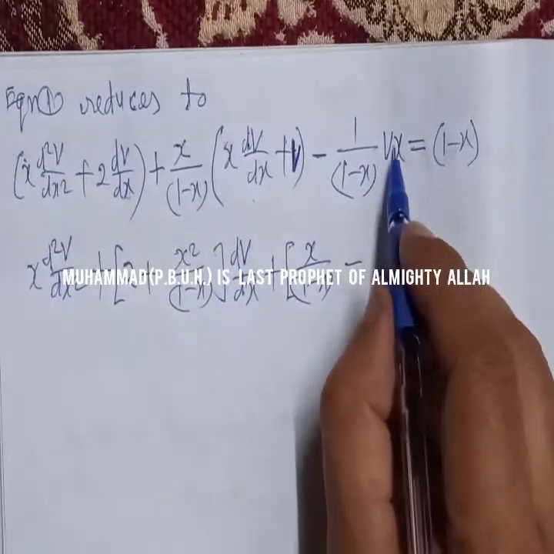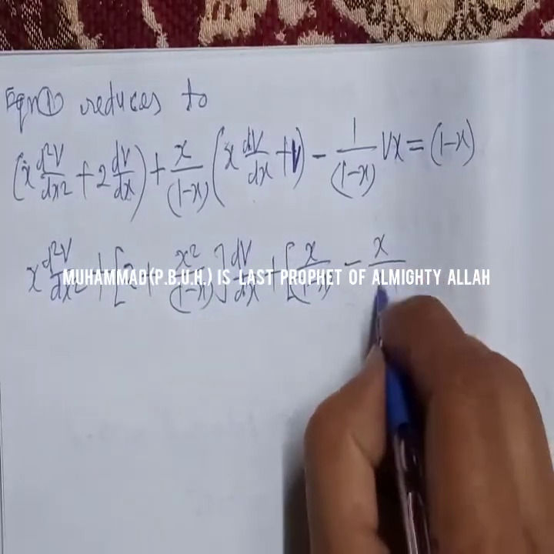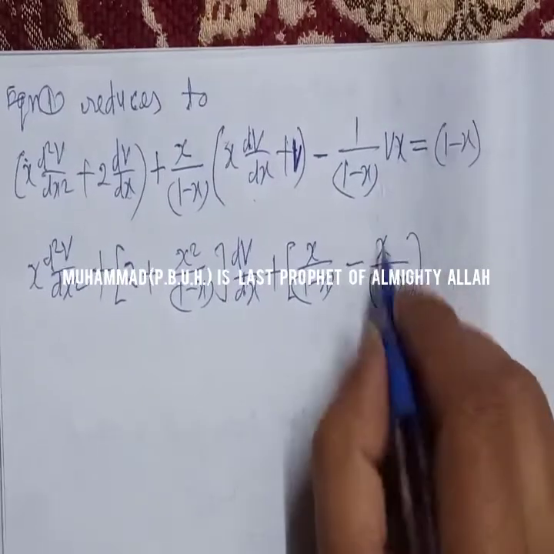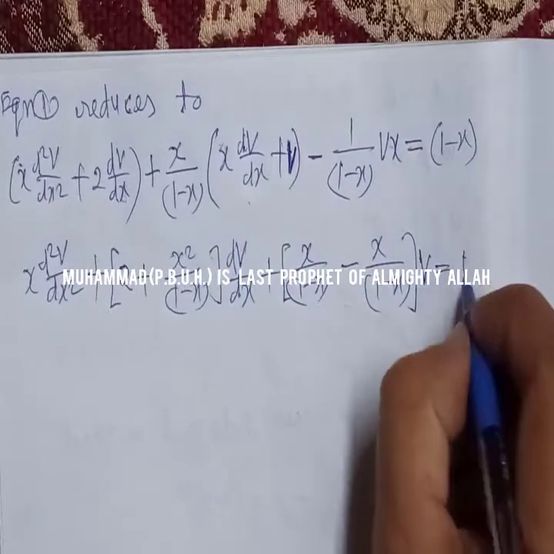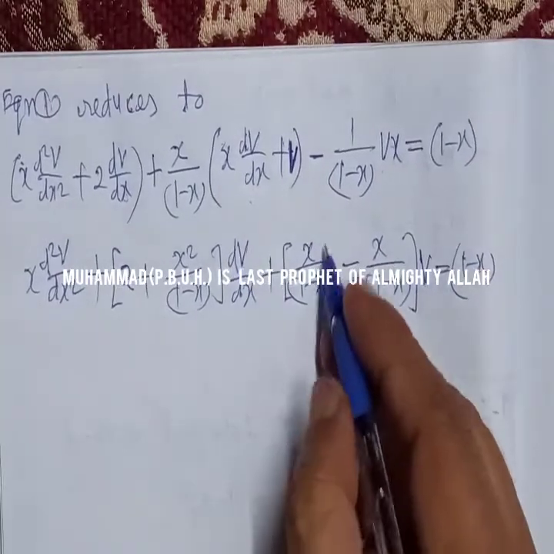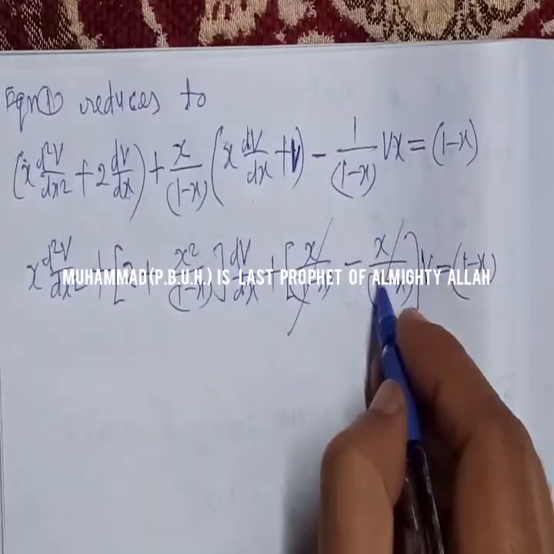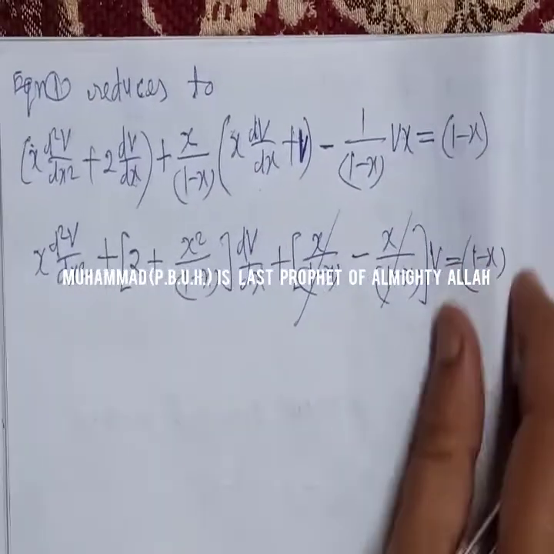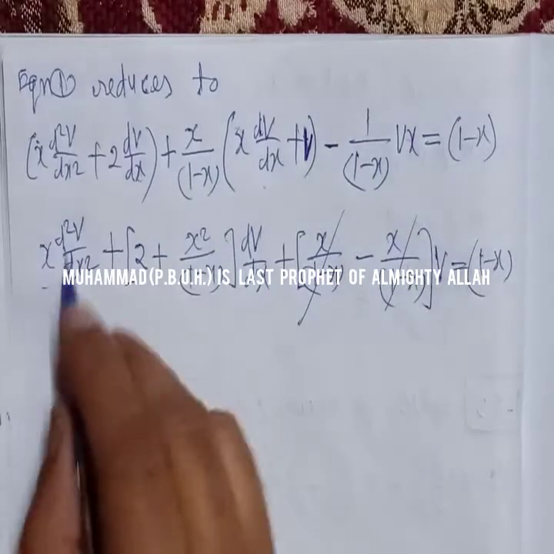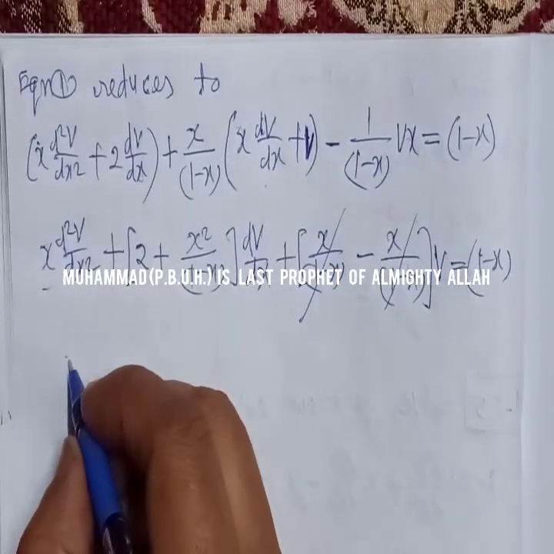The right hand side is equal to 1 minus x. These terms are positive and negative, so they cancel out, and the coefficient of v is equal to 0. So this term is 0. Only these two terms we have to write.